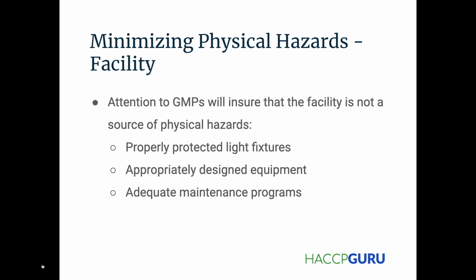So to minimize physical hazards in the facility, you have to bring attention to the GMPs, ensuring that the facility is not a source of physical hazards itself, right? So that includes protecting the light fixtures, and making sure that the light fixture covers aren't damaged, right? Appropriately designed equipment and adequate maintenance programs.